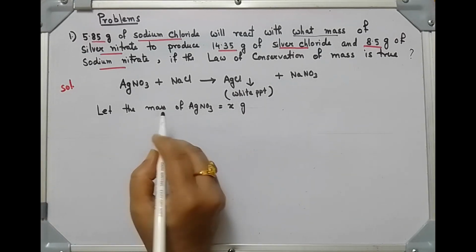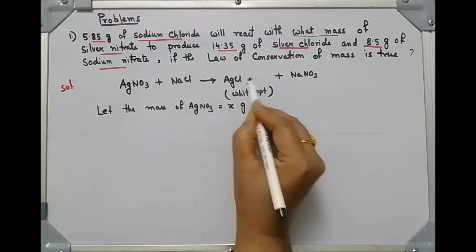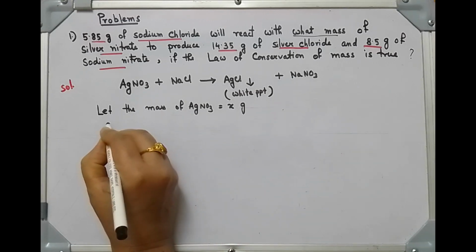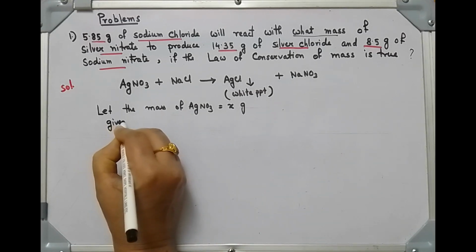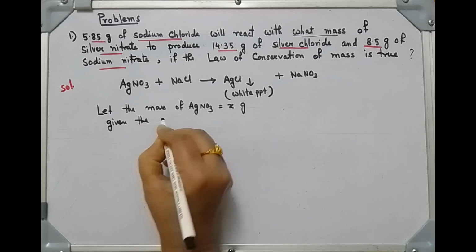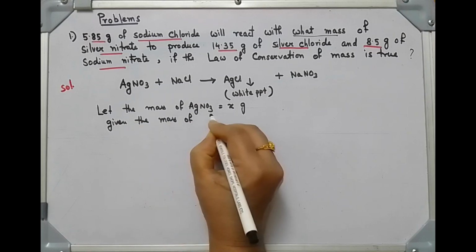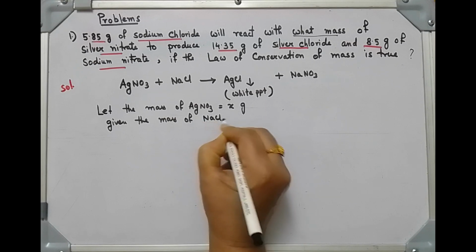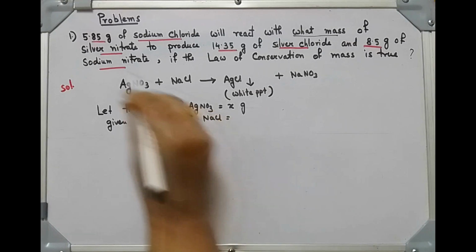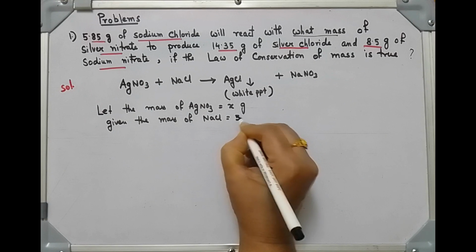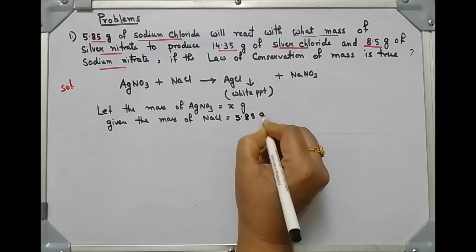Now see, these two are reactants and these two are products. Given the mass of sodium chloride is 5.85 grams.